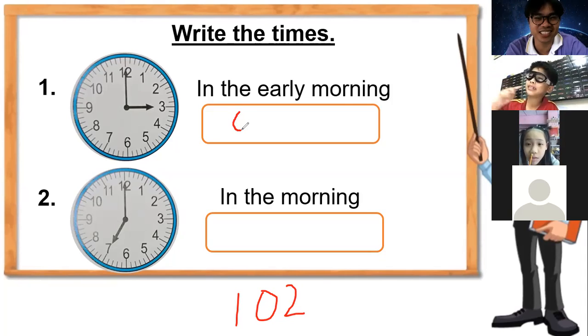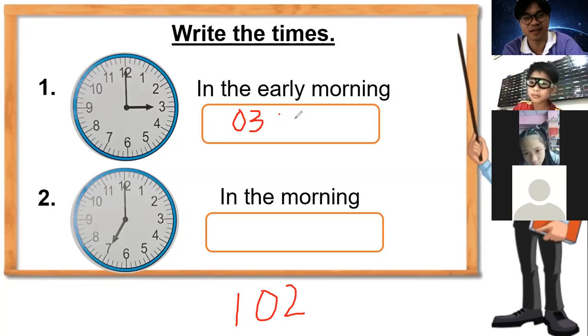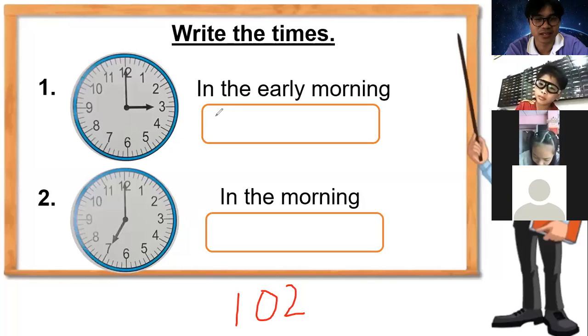Oh, very good. That's correct. You can write 0, it's okay. No 0 is okay also. 0, 0, 3. Okay, 0300, because there's no minute. Hours, like that.